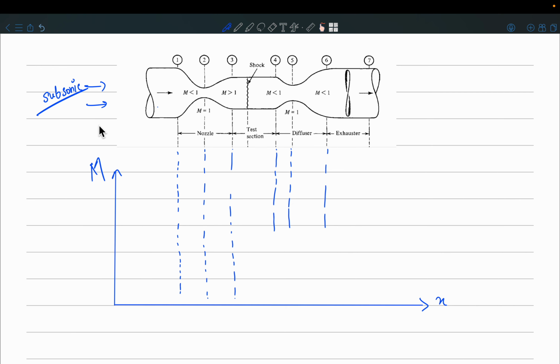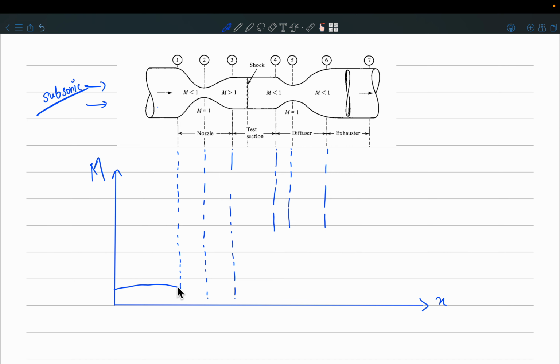You are going to draw air from the atmosphere. This is open to the atmosphere. Yes, you can have a closed wind tunnel also, but what I'm talking about is the open wind tunnel right now.